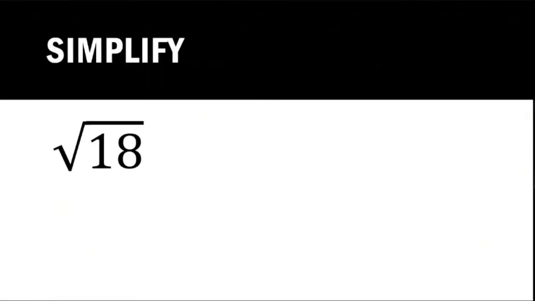Okay, sometimes there are items that when we simplify, there is just a perfect nth factor for the number, just like the square root of 18. So square root of 18, if you factor out 18, you will be having 3 squared times 2.